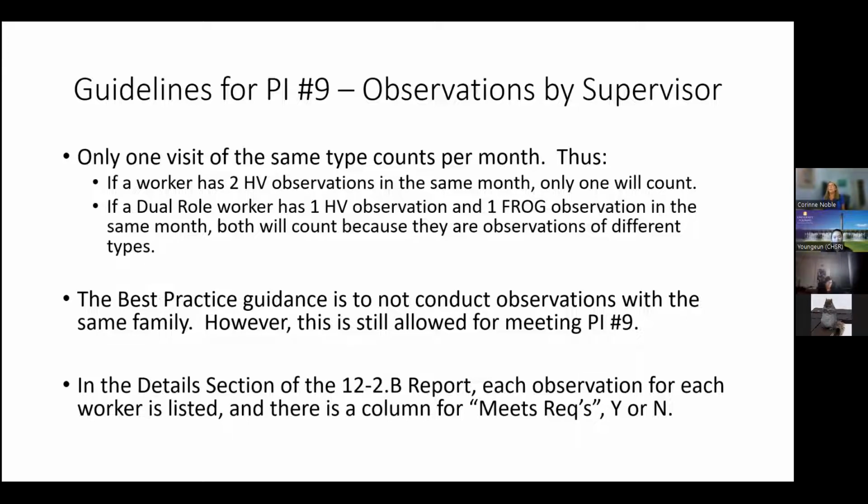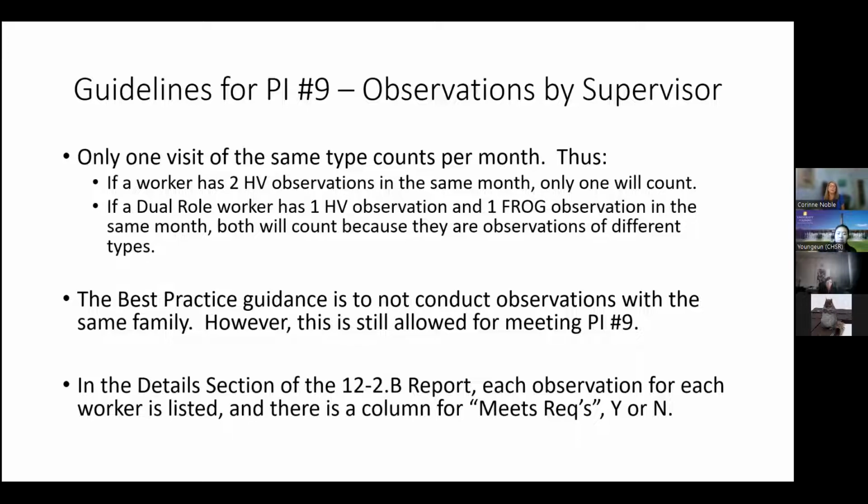Best practice says that you should not do them with the same family over and over again, but we consider the fact that maybe part-time workers don't have that many families, or sometimes you need to observe that same family and that's the only observation, so we counted towards meeting PI number 9. And so that will be indicated by the Y or the N on the meets requirements.